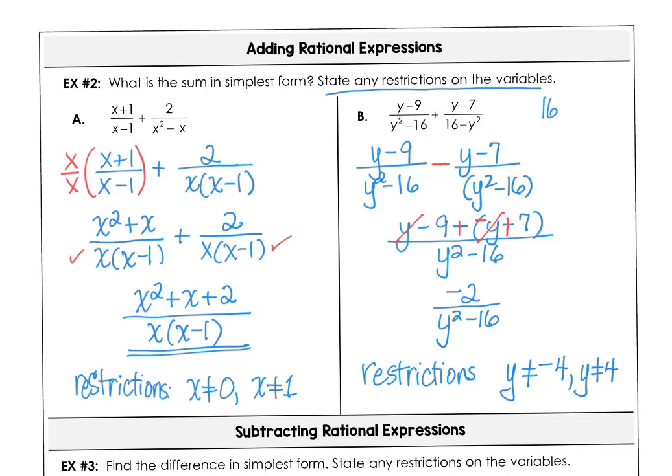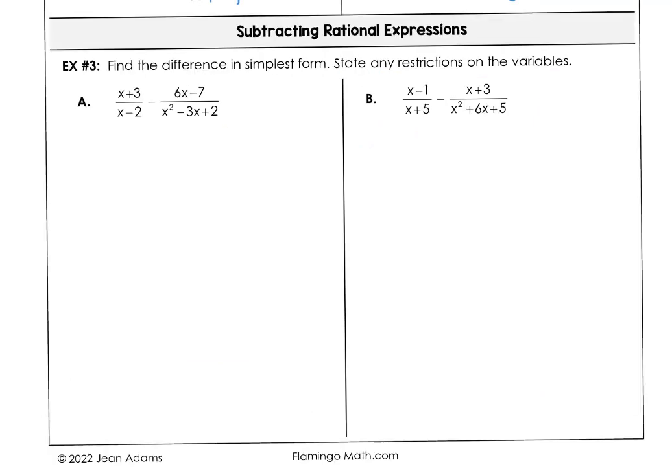So we're setting that argument of the denominator equal to 0, and wherever y squared is 16, taking the square root both positive and negative, y cannot be positive or negative 4.